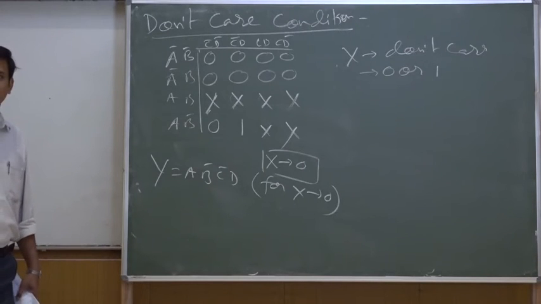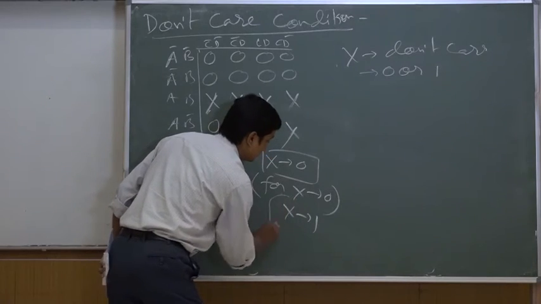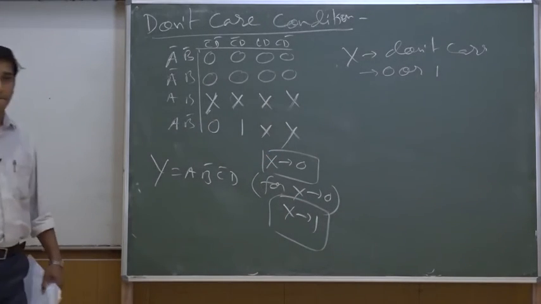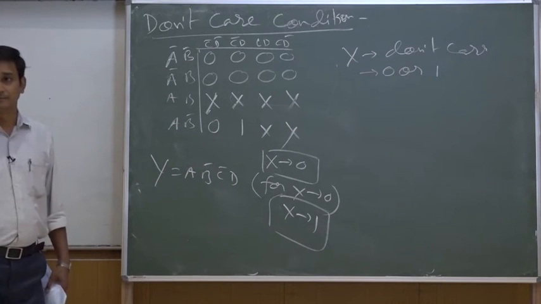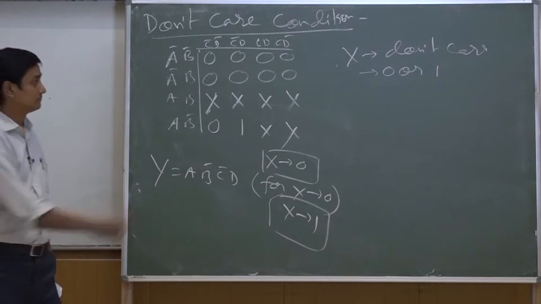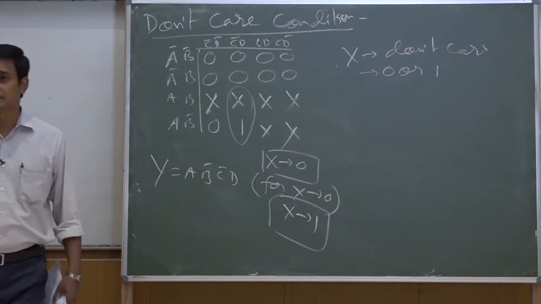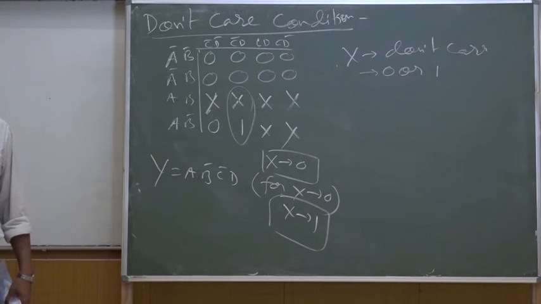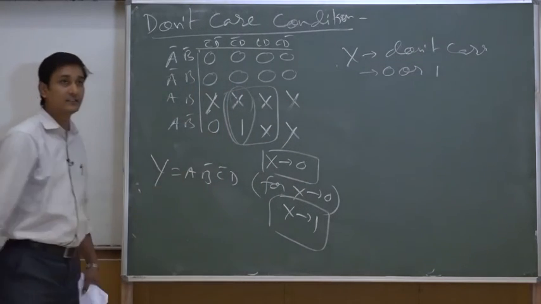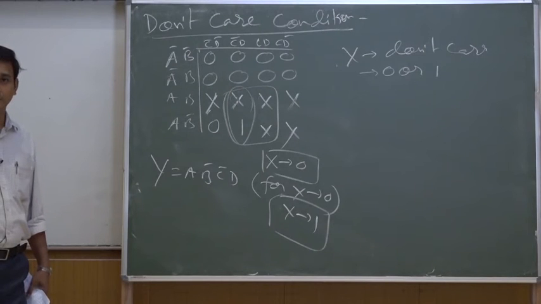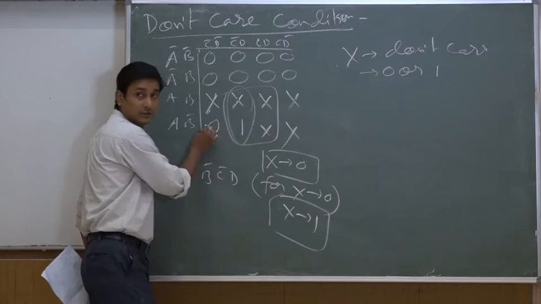But if I ask you, please consider that x is 1. If these are considered 1, then this is 1, then you can make a group like this. Is it possible? Or you can make a group like this. Possible or not? So, beyond that, is it possible?